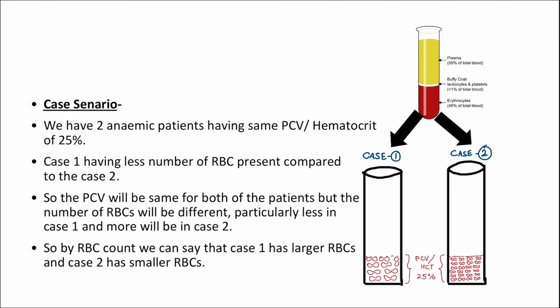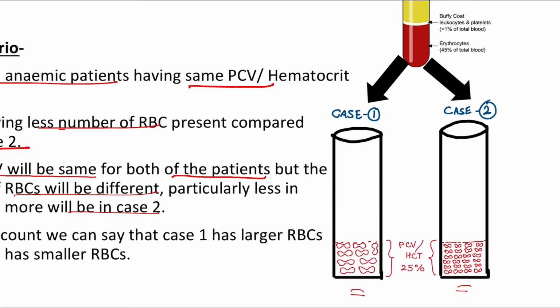Let's see some cases. Here we have two anemic patients having the same PCV of 25%. Case 1 has a lower number of RBCs compared to case 2. So the packed cell volume will be the same for both patients, but the number of RBCs will be different, less in case 1 and more in case 2.